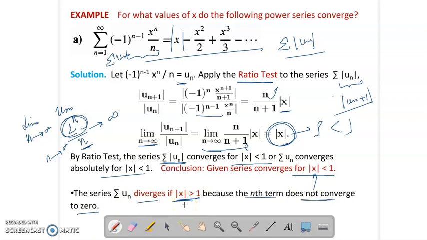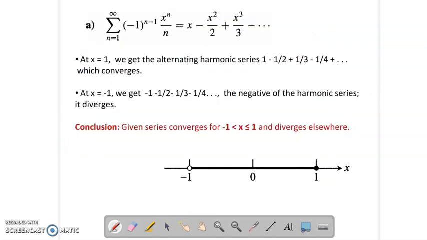Right? So what we have concluded so far is that for mod of x less than 1, the series converges. In fact, the series converges absolutely, and for mod of x greater than 1, the series diverges. Now the last case is what if mod of x is equal to 1. So we have two subcases, when x is equal to 1 and when x is equal to minus 1. Whenever you are asked to check the behavior at the end points, you have to actually substitute x equal to 1 here and minus 1 here in the series, and then see the behavior of the series.